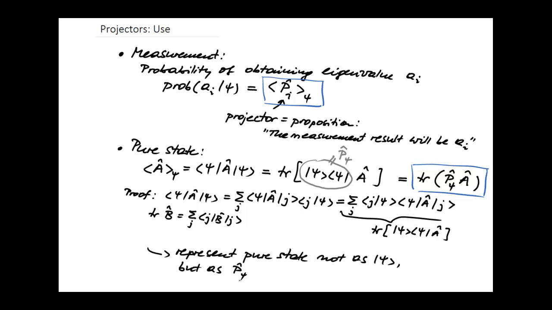And this has the advantage also that the issue of the overall phase disappears, because the projector is the ket-bra |ψ⟩⟨ψ|, and if we multiply ψ with an overall phase, then this cancels out when we construct the projector.